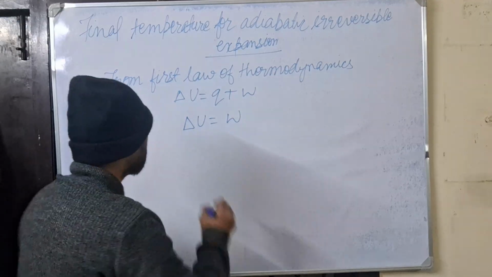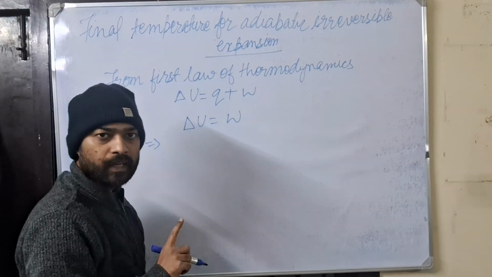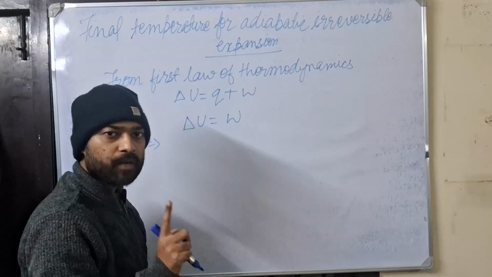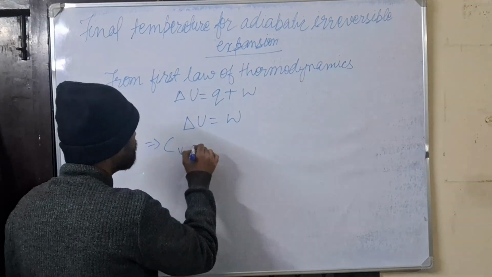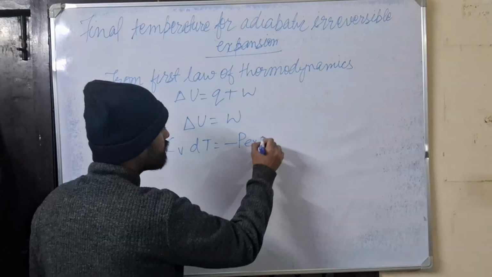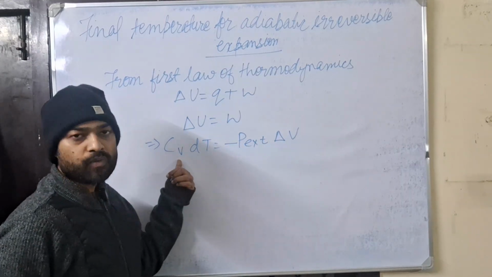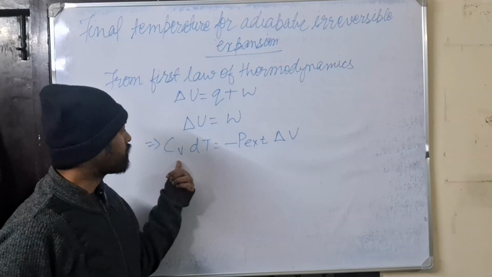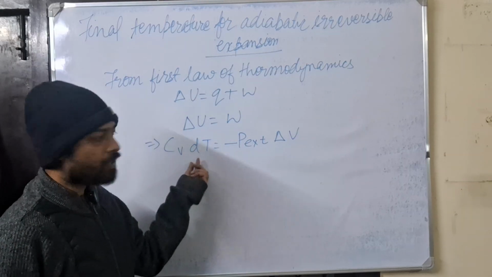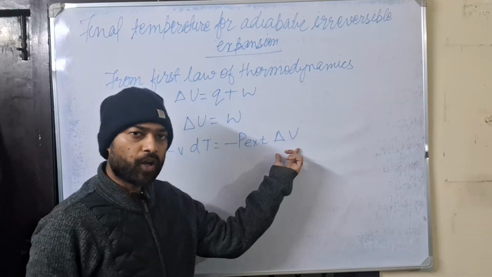Let us write it down. So delta U is equal to n Cv dT, and if we take 1 mole, it becomes Cv dT is equal to minus P external into delta V.